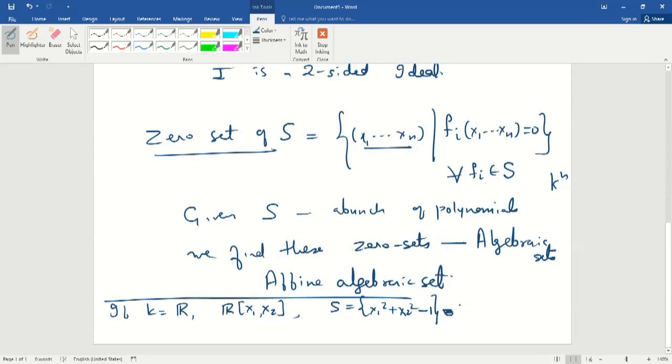So the zero set is simply the unit circle, right? So the unit circle is an affine algebraic set. Similarly, all your conic sections, the ellipse, etc., are algebraic sets.